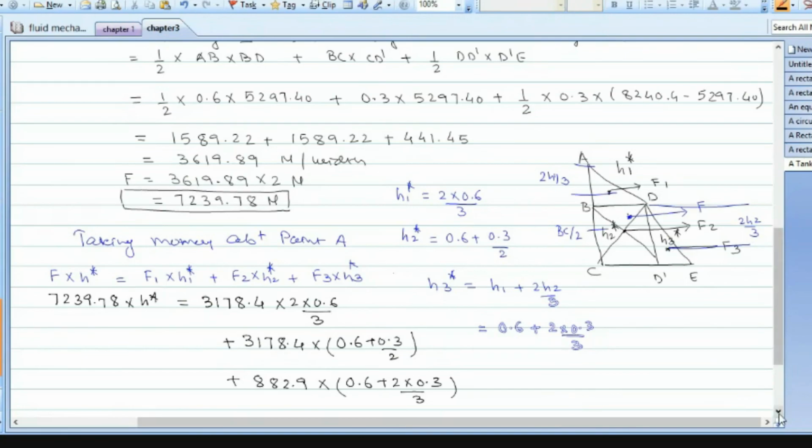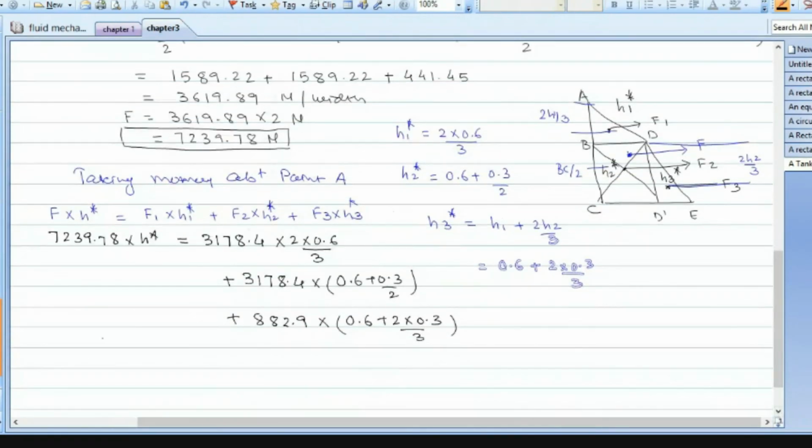If we do the simplifications and calculations, we get the value of H star as 0.6024 meter from the free surface of the liquid.